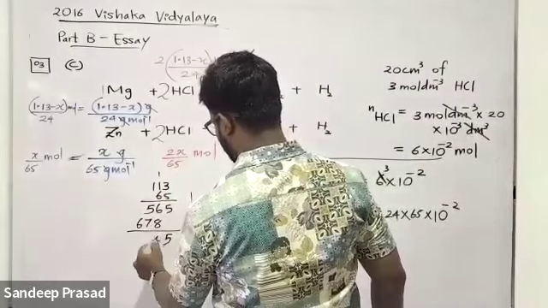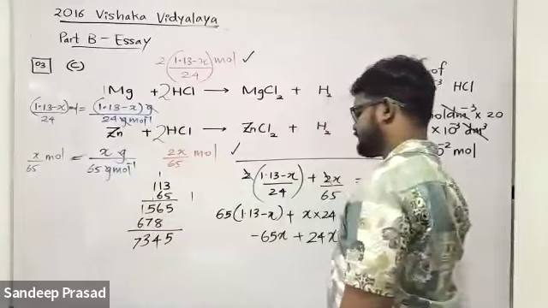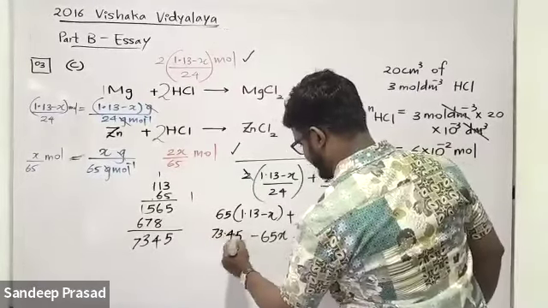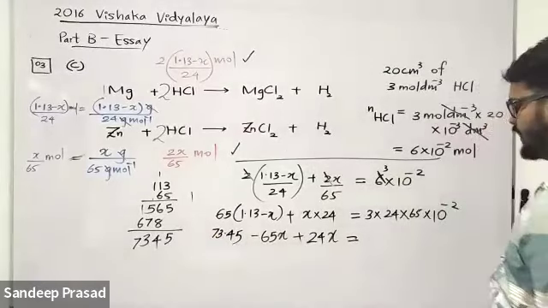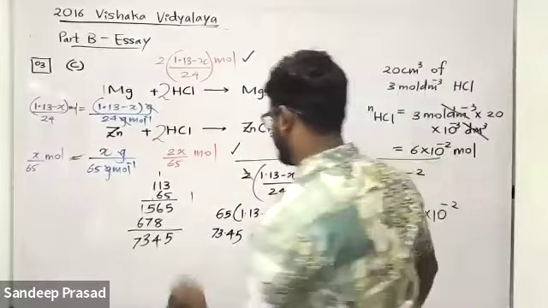Summation 5, 14, 1. So therefore, 73.45. Okay. Do the simplifications correctly.